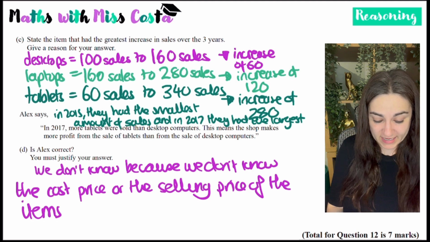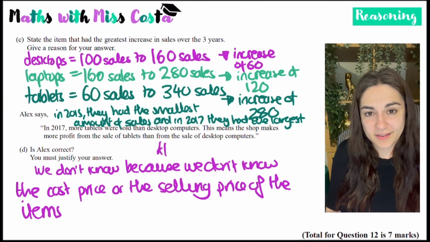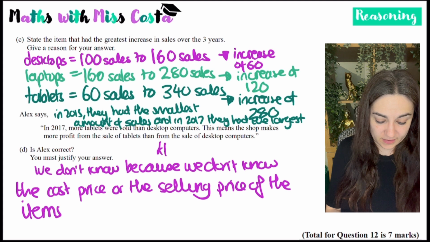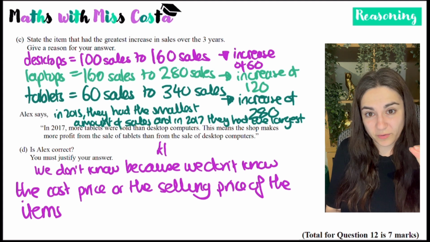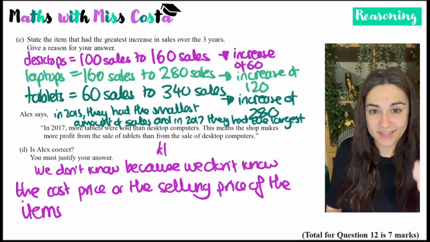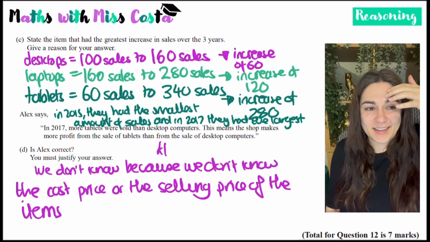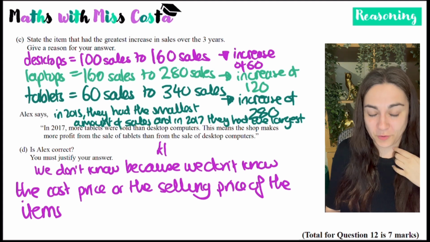They might only be making £1 profit on tablets. So even if they sell like 1 million, that would be a very small profit, versus if they were selling the desktop computers for a really large profit, like they bought it for £50 and sold it for £1,000. So it's all completely dependent on the profit.